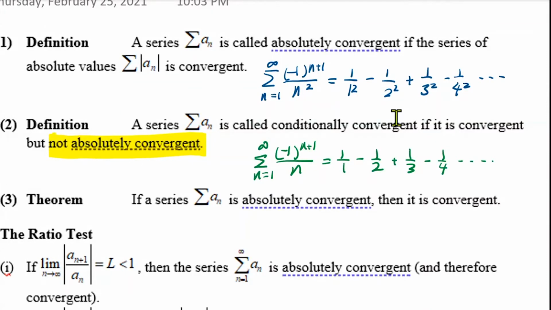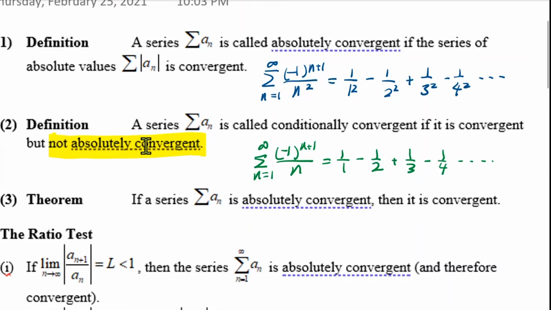Many students will do an alternating series test first. And so for something like this, if you do an alternating series test, it'll converge, right? It should, because if you take the limit of 1 over n squared, that becomes 0. And they will conclude, oh, this is conditionally convergent. No. You still don't know whether this is absolutely convergent or not.